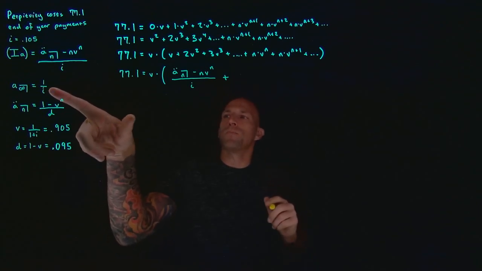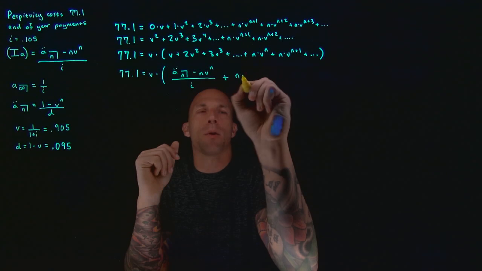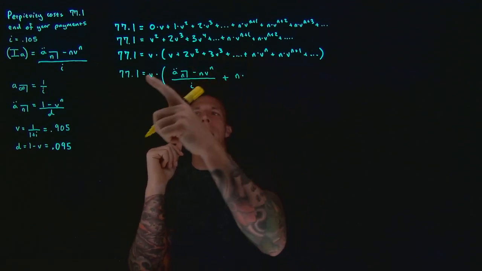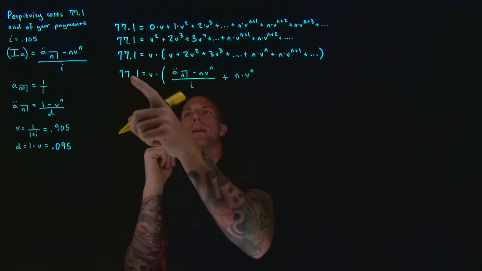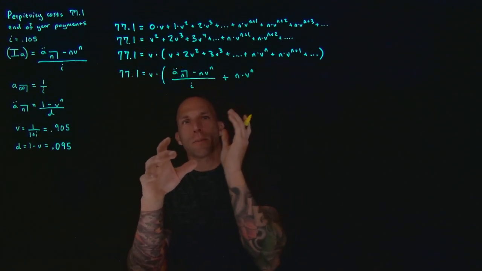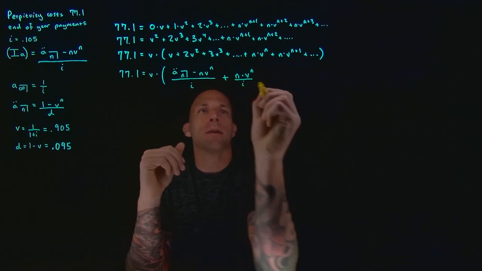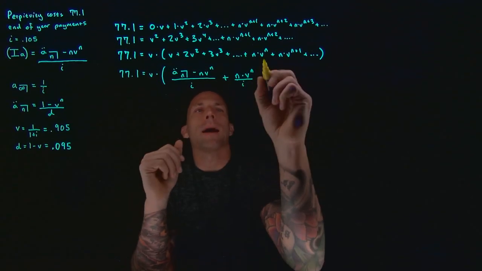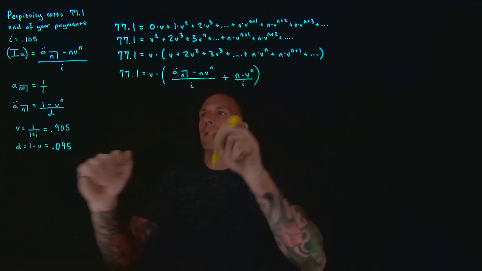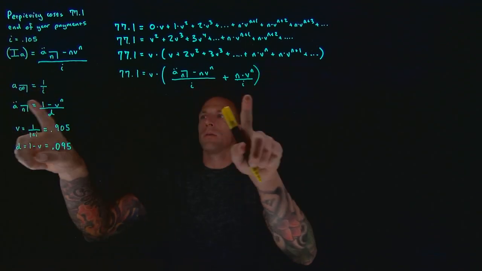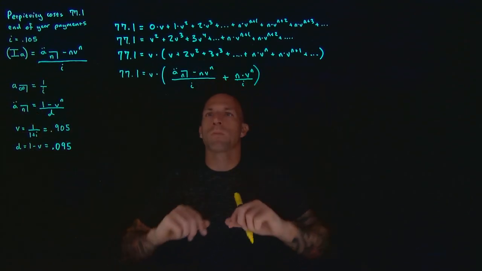But the thing is, for this perpetuity we're going to pay n dollars, and then we're going to have to discount it back to the beginning, because if our price is 77.1, that's the present value of the annuity. So we're going to have to discount the perpetuity back. Okay, and that should do it. Increasing annuity plus perpetuity.